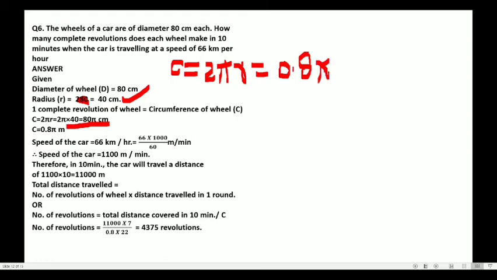So speed is given as 66 km per hour. Now you see the units are different here. The diameter is in centimeter and the time is given in 10 minutes. So speed is distance upon time. As we have done earlier, firstly convert this speed into the required units. The speed of the car is 66 km per hour.